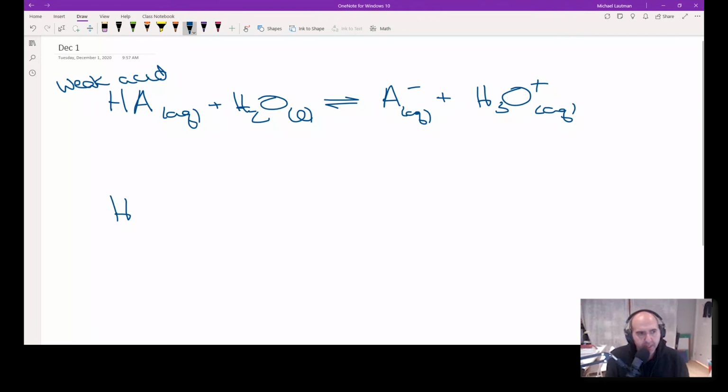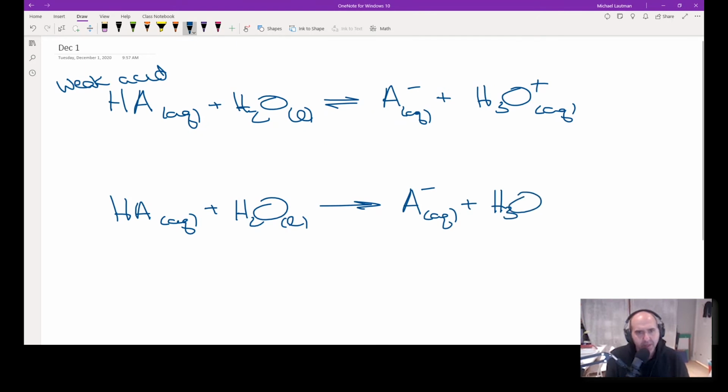But for a strong acid, the equation actually looks almost the same, right? The only difference is not in the products or the reactants. It's actually just in the arrows that we use. And why is that? Well, what that must mean for us is that the difference is in how the reverse reaction happens, right?